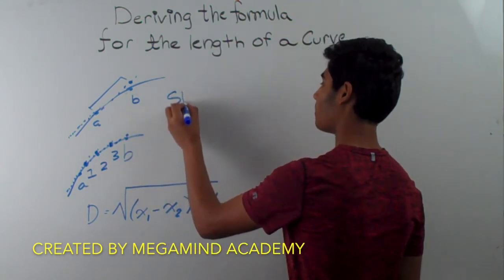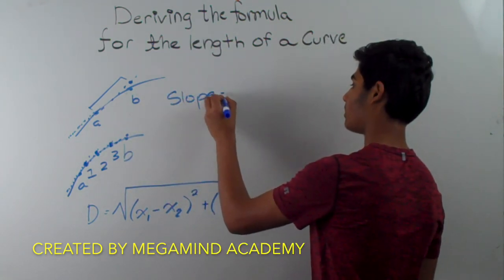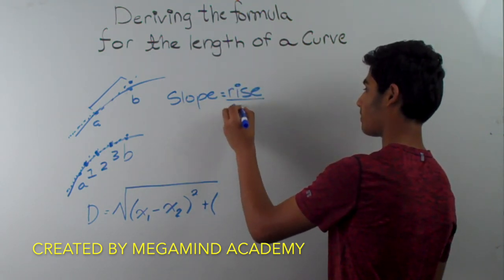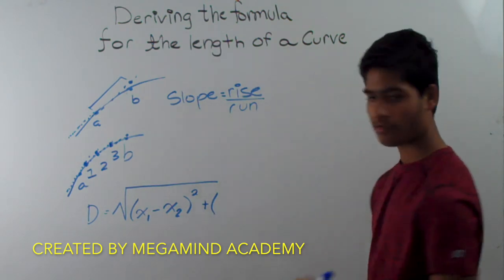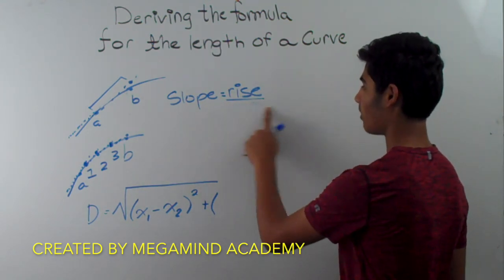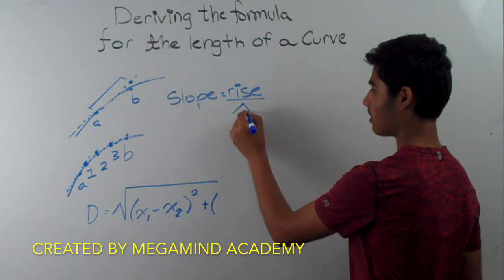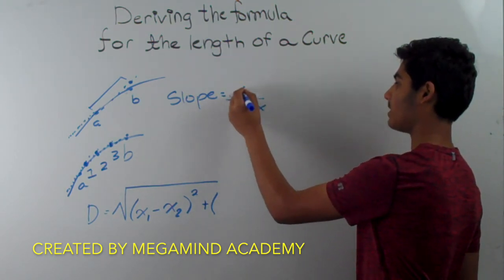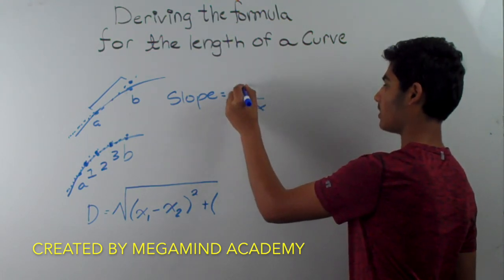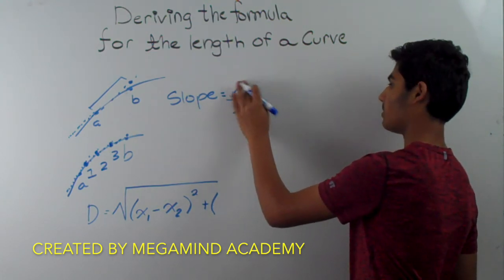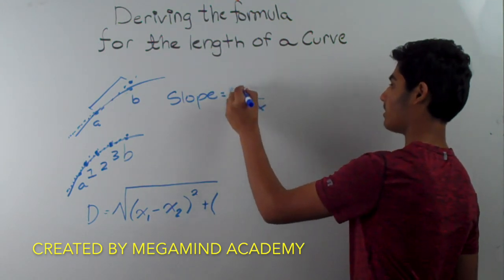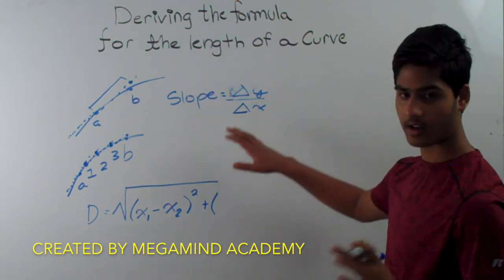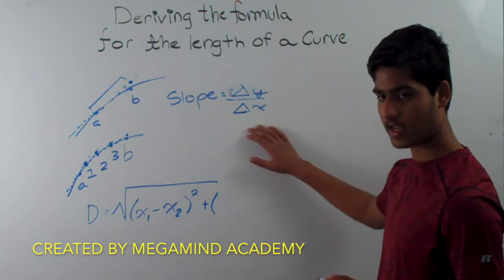So we know that slope is equal to rise over run. So we know that run will always be delta x and rise will always be delta y. So you can rewrite it as delta y over delta x.